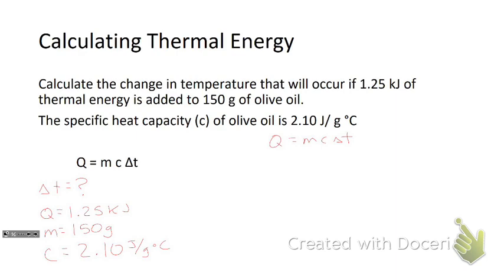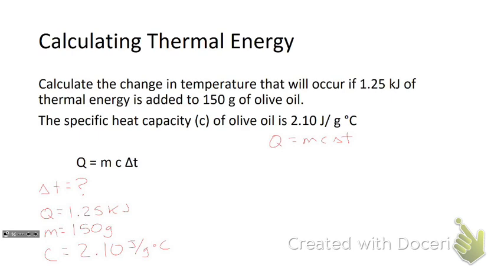What are we solving for in this question? Delta T, right? So what is attached to delta T right now? Mass and C, the specific heat capacity, right? Because Q is equal to mass times C times delta T. And we're solving for delta T, so we need to get delta T all by itself, which it's not.